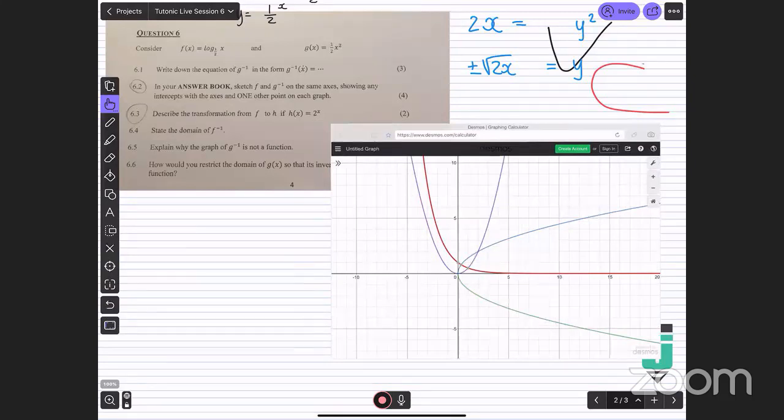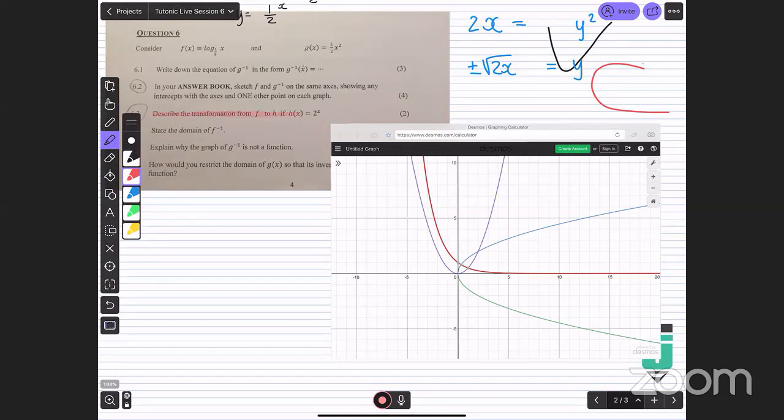2 to the power of x, 6.3. When you read the question, what is it? It says describe the transformation from f.